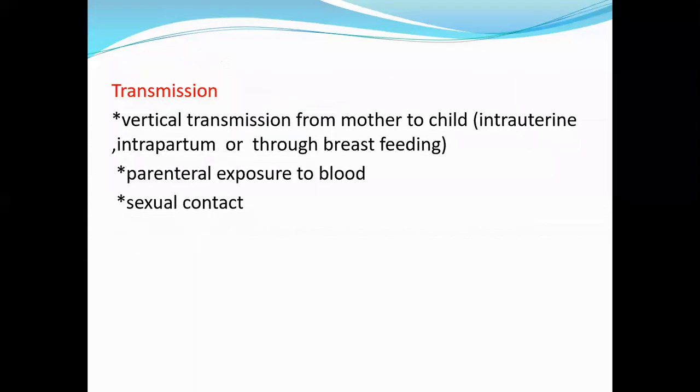How can HIV infection be transmitted to children? Mainly in children, infection is transmitted by vertical transmission, which means from mother to child. It is either intrauterine, meaning during pregnancy through the placenta, or intrapartum, which means during delivery when contaminated with amniotic fluid or blood from the mother, or through breastfeeding after delivery.